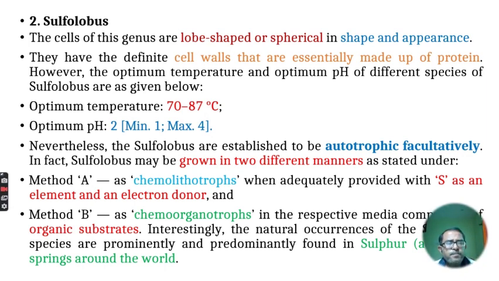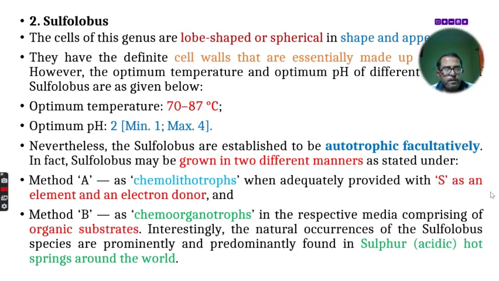The first mechanism is chemolithotrophy, where elemental sulfur is used as an electron donor. The second is chemoorganotrophy. Here, it uses organic substrates.